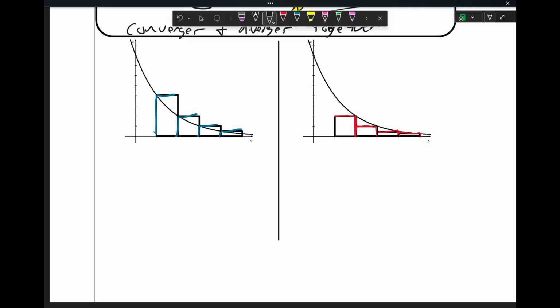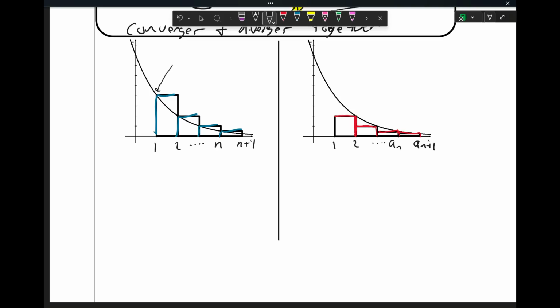If we're doing a left Riemann sum, let's just label these. This would be when n is 1, n is 2, till n is n, and then this would be n plus 1. Over here, a is 1, a is 2, till you get to a sub n, and then this is a sub n plus 1.